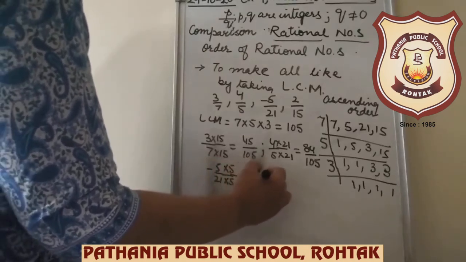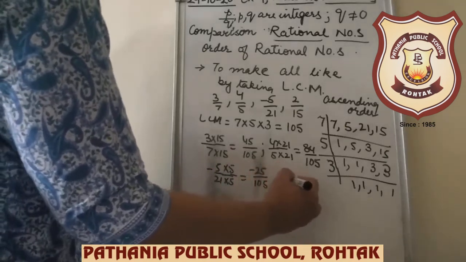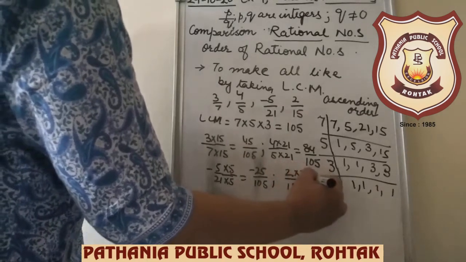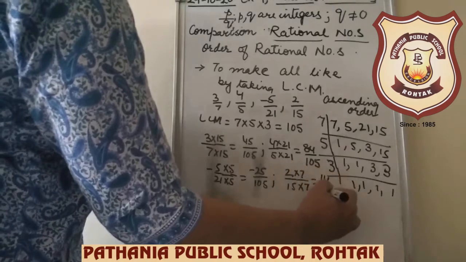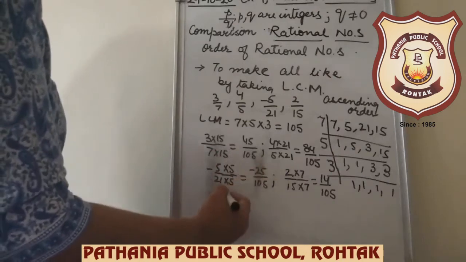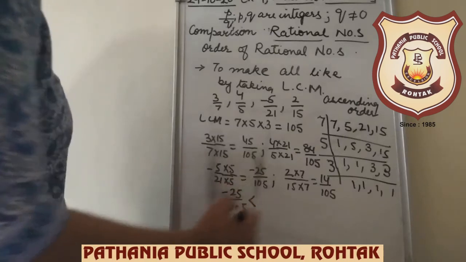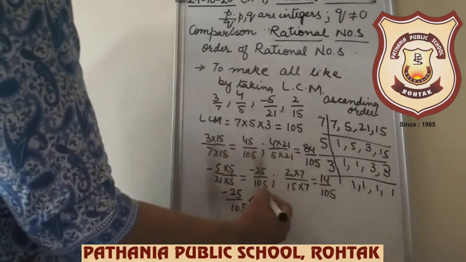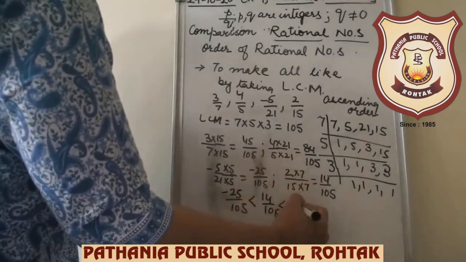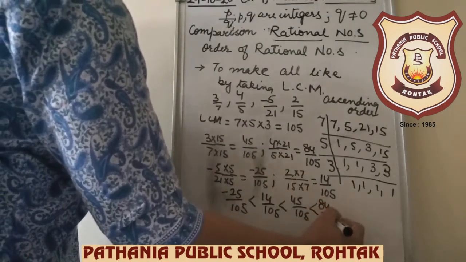It becomes minus 25 upon 105, and 2 upon 15 is to be multiplied with 7. So it becomes 14 upon 105. Now minus 25 upon 105 is the smallest, so write it first, then 14 upon 105, then 45 upon 105, and then 84 upon 105.